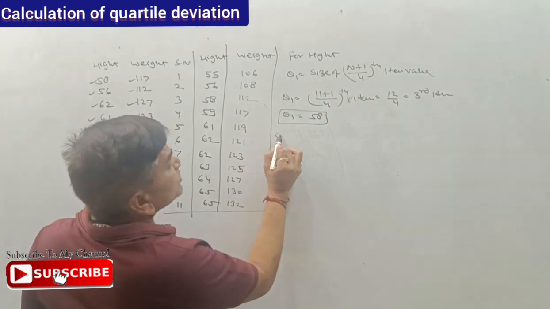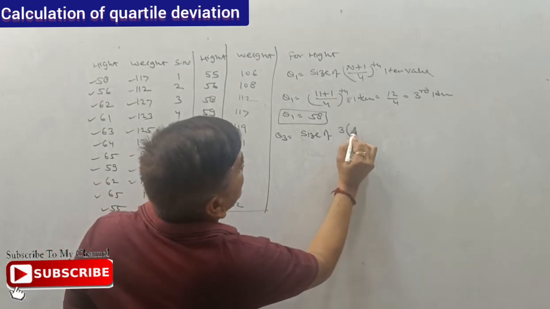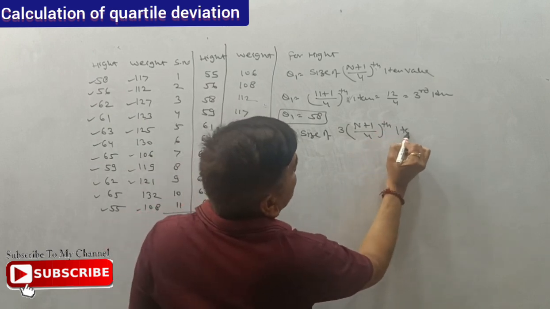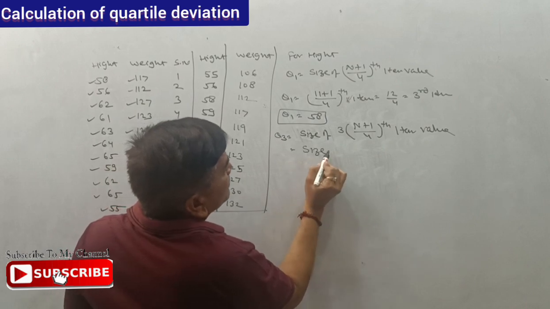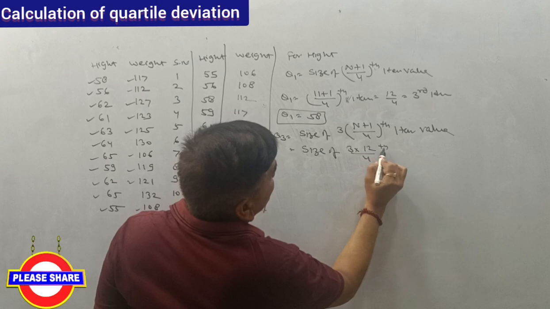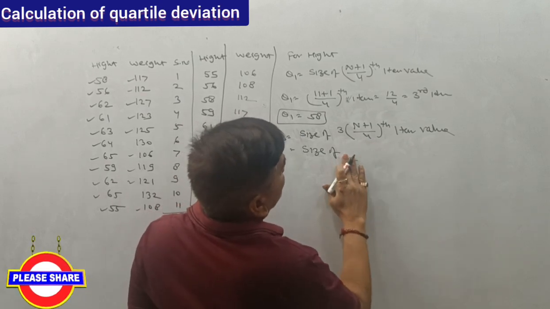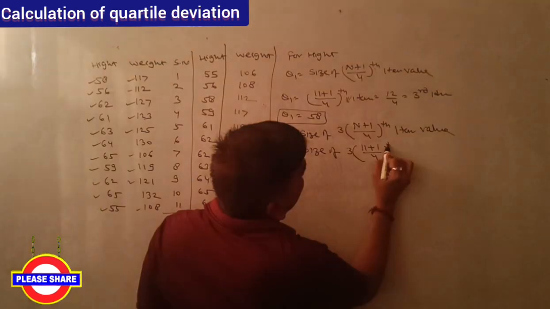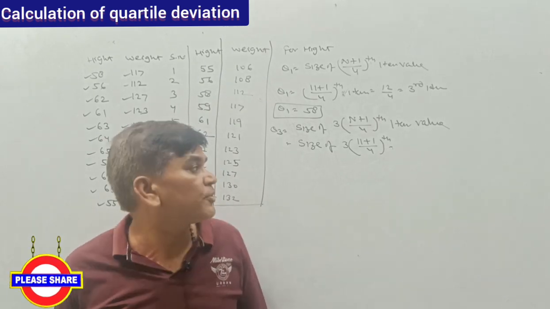For calculating Q3, that is the size of the 3(n plus 1) upon 4th item value. Of Q3, we have used the size of 3(n plus 1) upon 4th item.